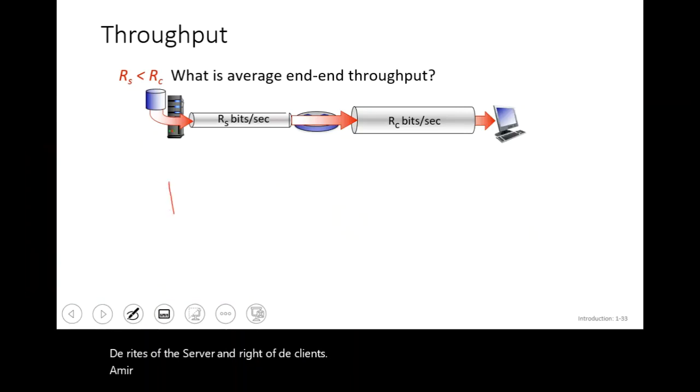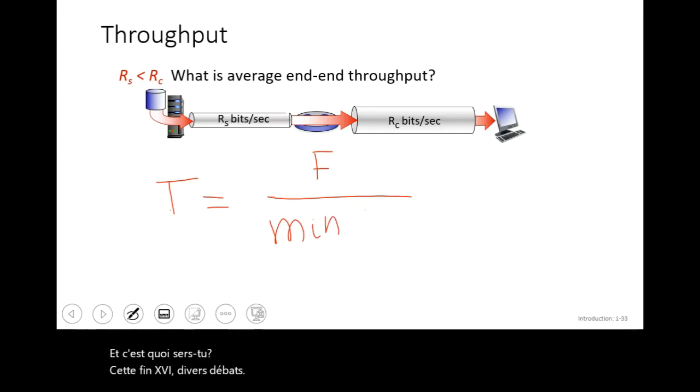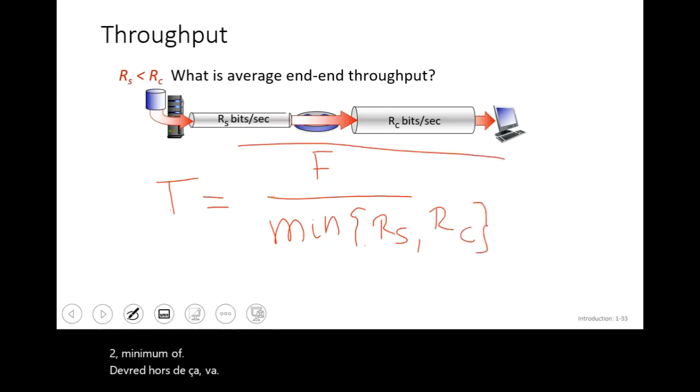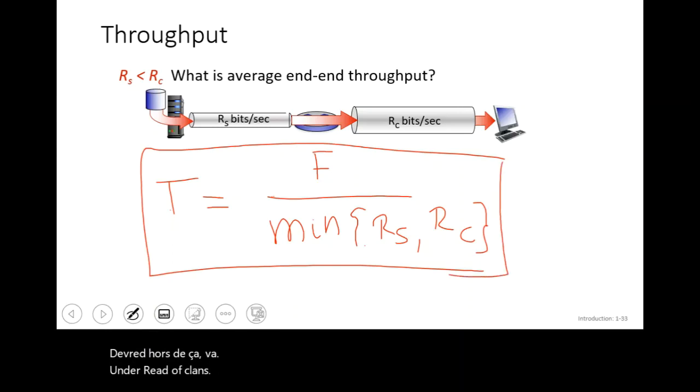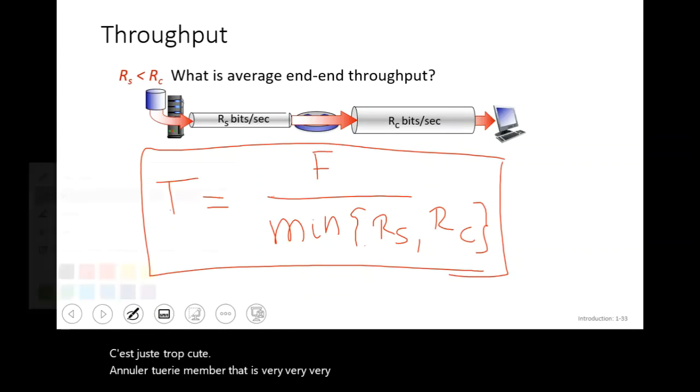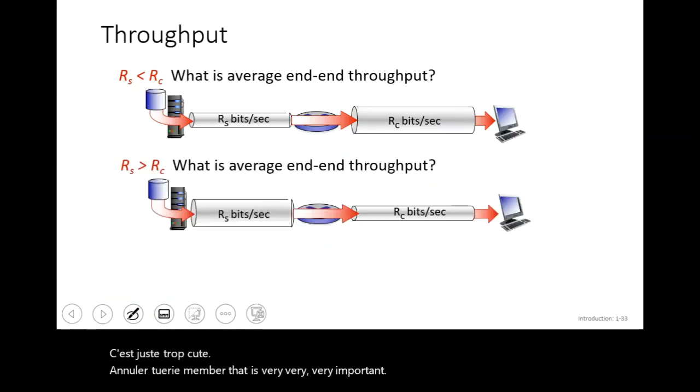The throughput is equal to the file size divided by the minimum of the rate of the server and the rate of the client. This is the throughput, and you need to remember that, it is very, very important. Okay, let me delete that.